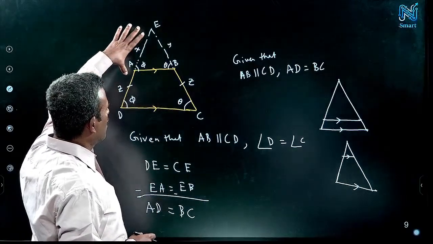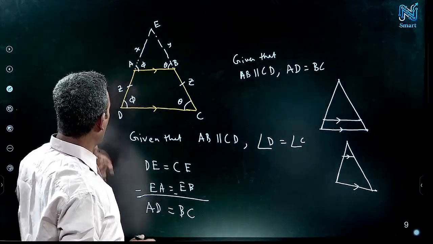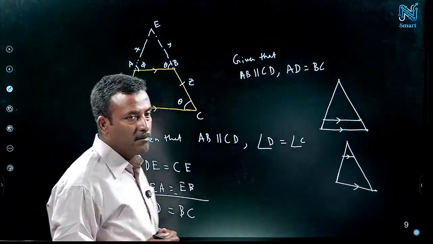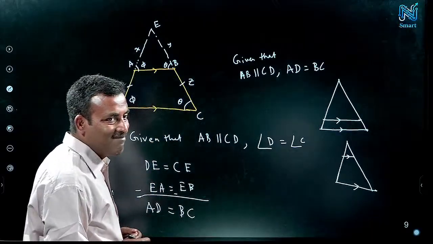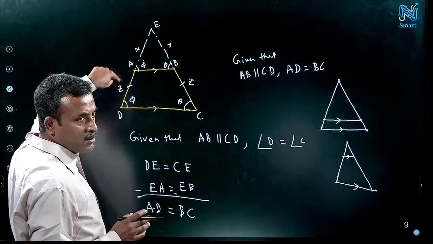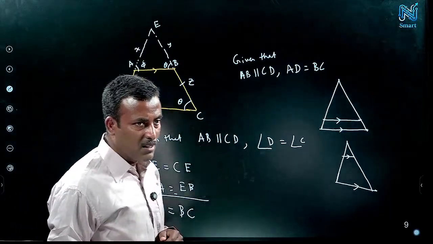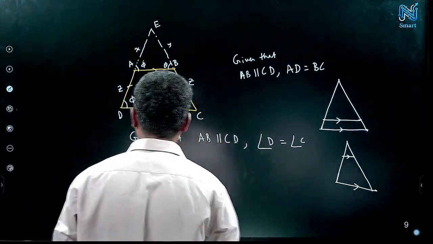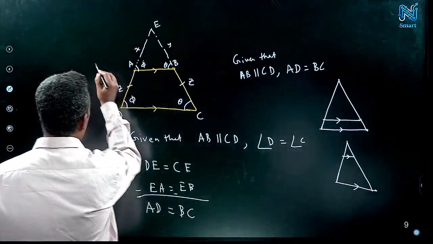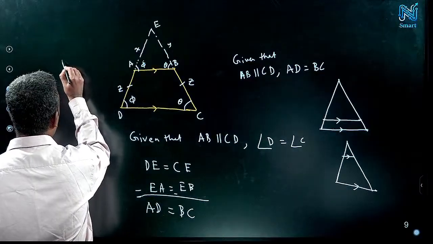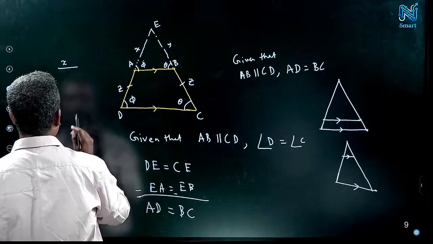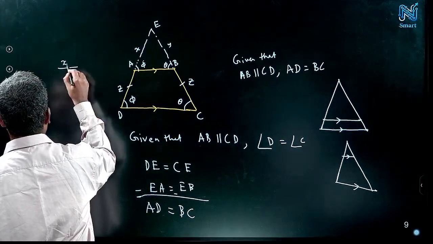So if I use similarity for these two triangles, what do we get? Using angles, the triangles are similar, but for similarity we need the ratios of the sides, right? So what is it? We know that the top triangle and the bottom triangle are similar, right? Then x by z, or start with the bigger thing.